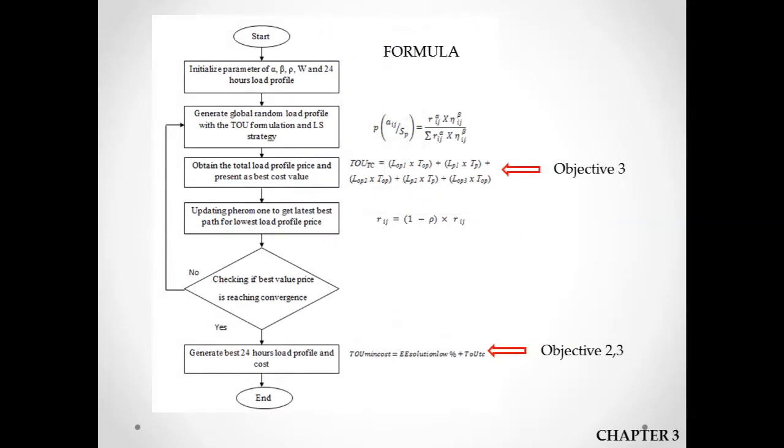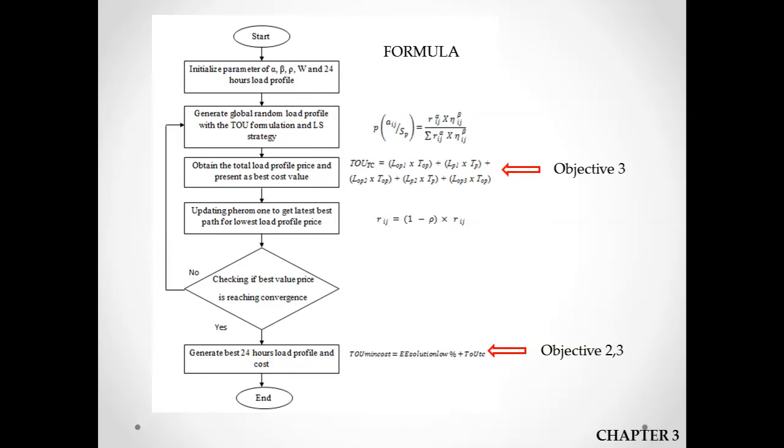The ACO process starts by initializing the parameters such as pheromone factor, shifting percentage and 24 hours load profile. Next, the ant generates a global random load profile to find which profile is the best in terms of cost reduction. Next, the latest TOU cost is presented.